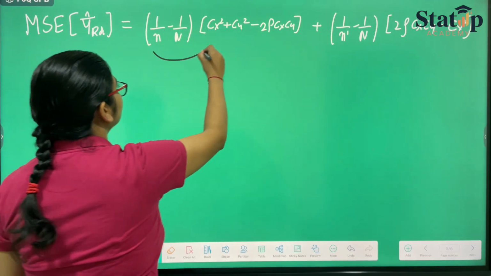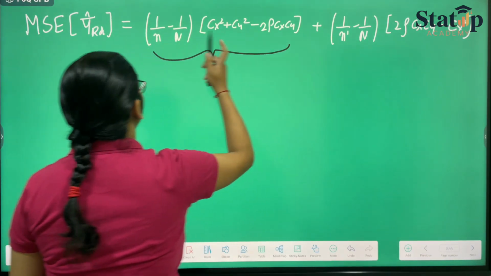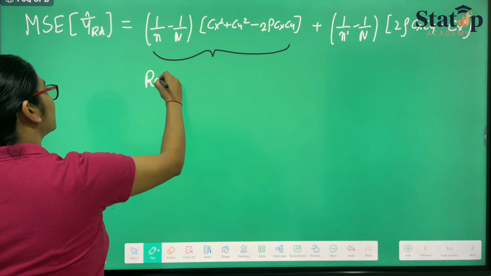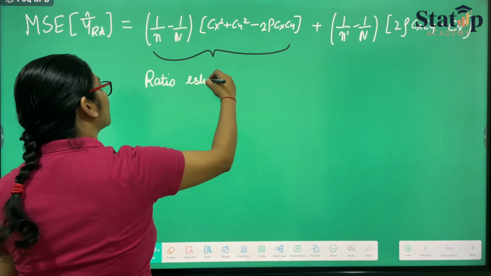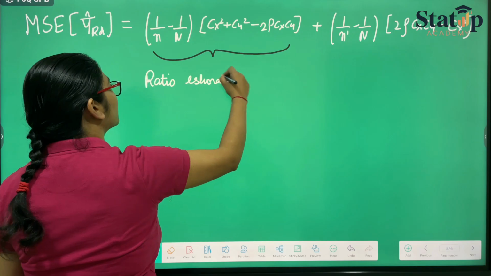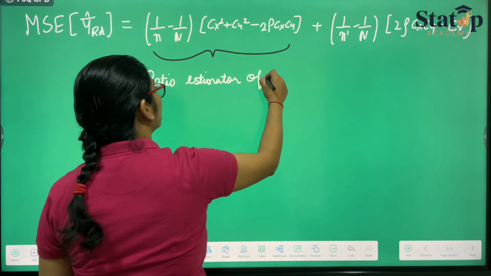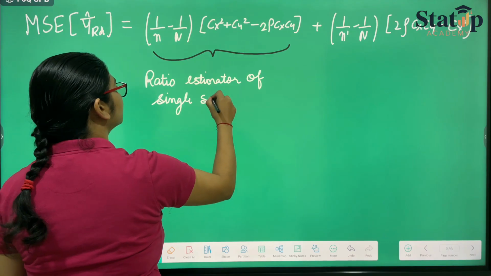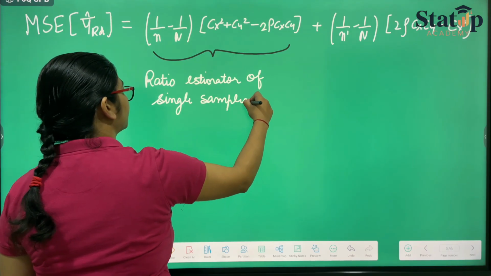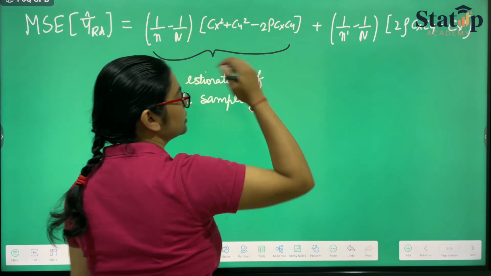Now this is the ratio estimator of single sampling, which we did before, and this is another term.